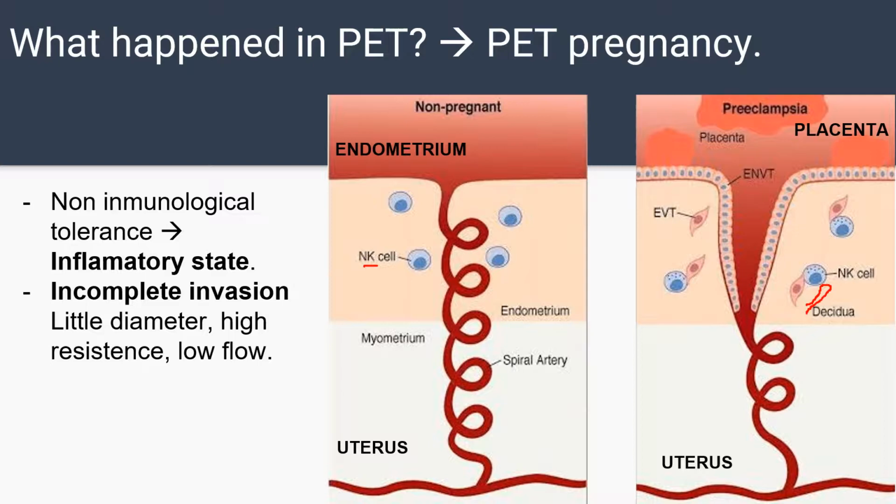So this inflammatory state causes an incomplete invasion of the spiral artery, and also a very little opening in the artery. So this flow is going to be a flow of little diameter and high resistance. So the flow is not going to be enough for the baby. So the placenta has to increase the pressure to achieve the goals of flow for the baby.